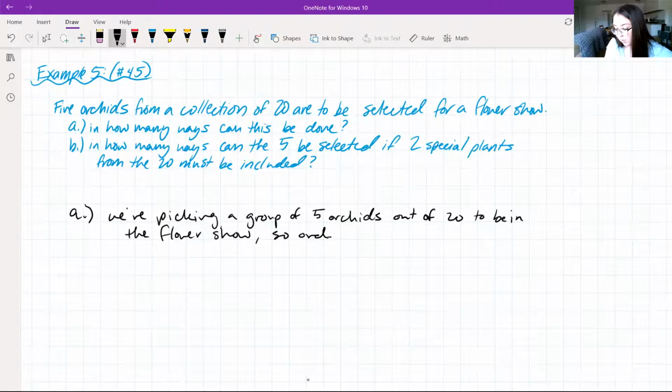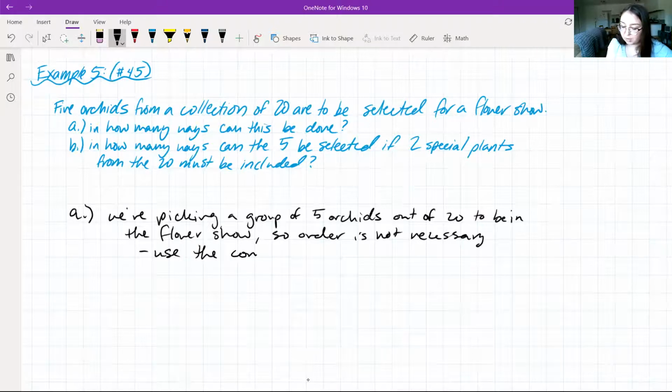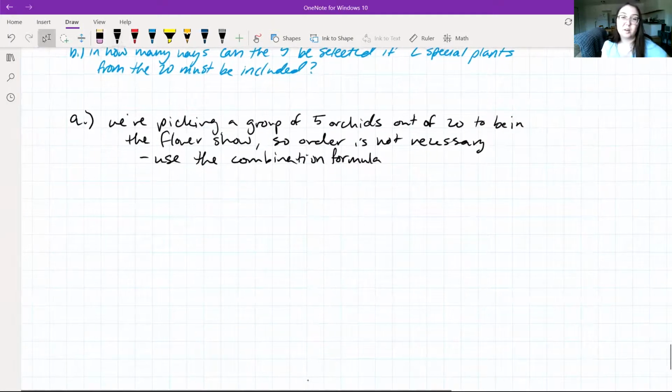So order is not necessary. We're just picking a group of 5. So we're going to use the combination formula.